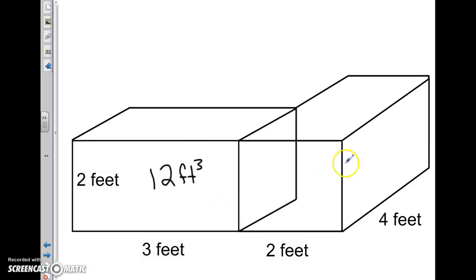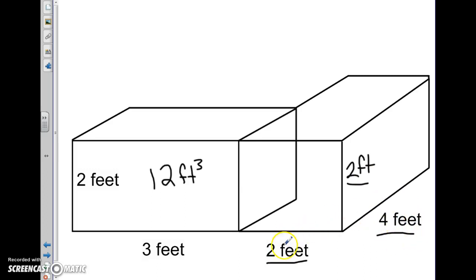Now we need to find out the volume of this new terrarium, this new rectangular prism here. And you can see it is 2 feet wide as well. And you can see it's also the same height, so it's going to be 2 feet tall by, it's a little bit longer, it's 4 feet wide. So that's going to give us, remember we're going to use that same formula of length times width times height.